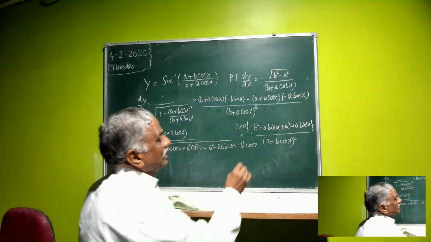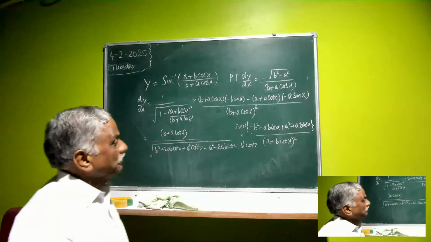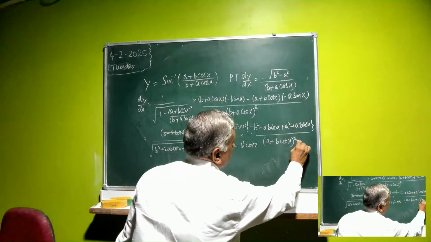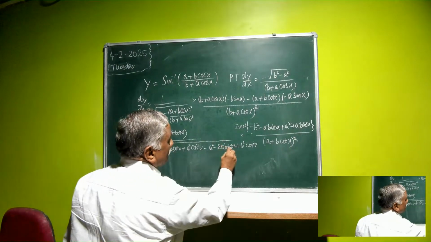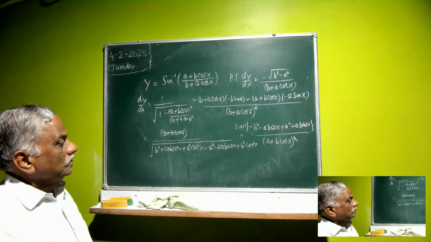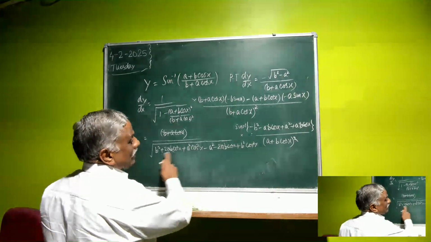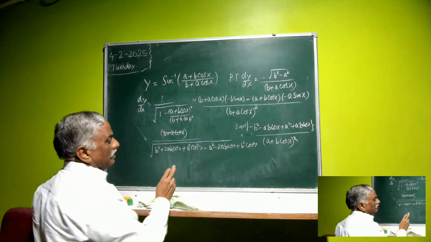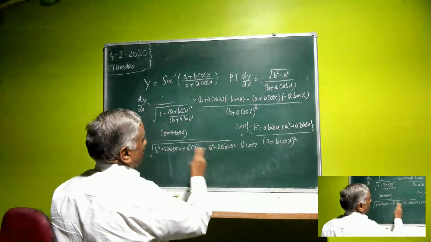Now, I can cancel this minus ab cos x and plus ab cos x. I can cancel b plus a cos x, one b plus a cos x remains here. Here also 2ab cos x will go. So what do you get here? b square, here it is b square, a square.